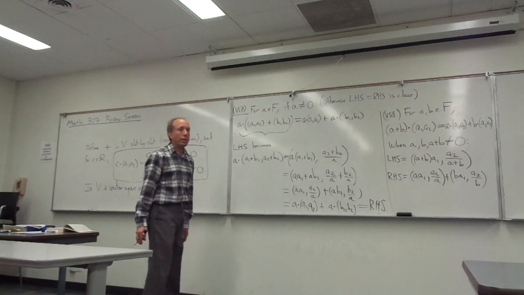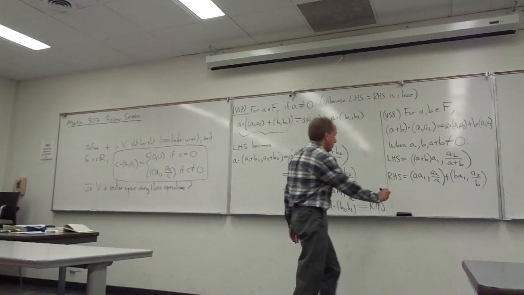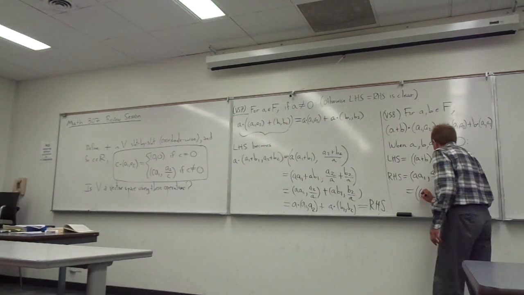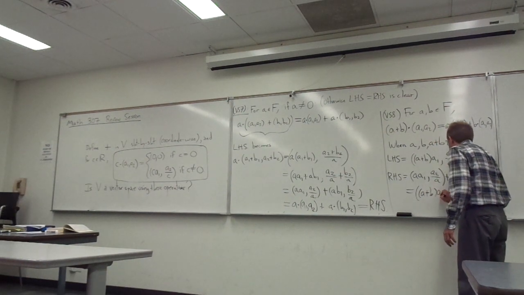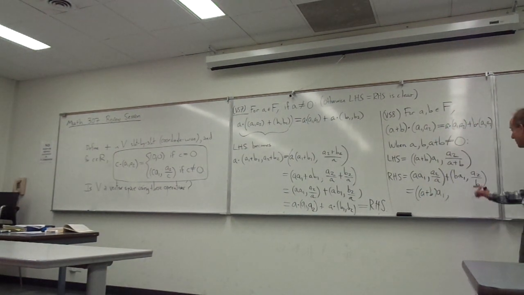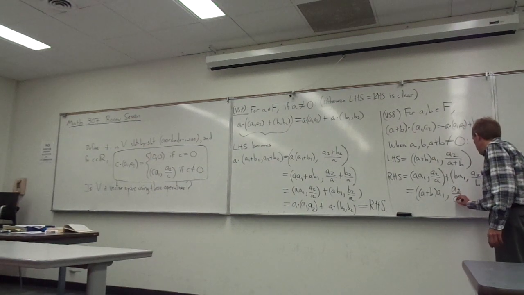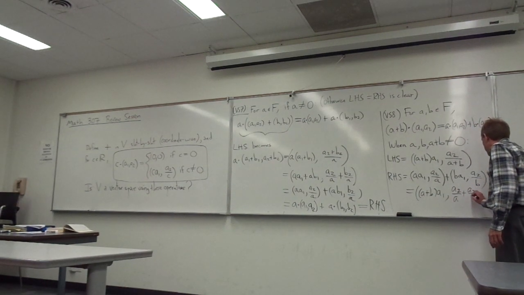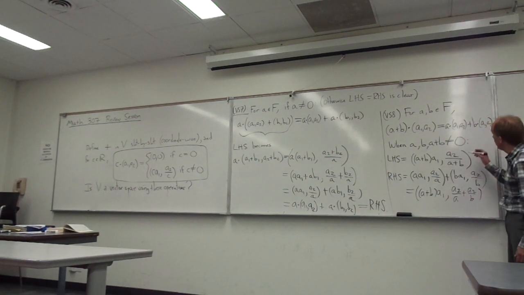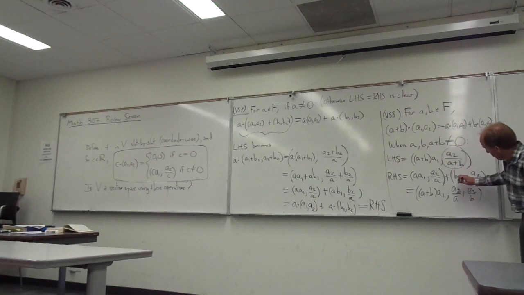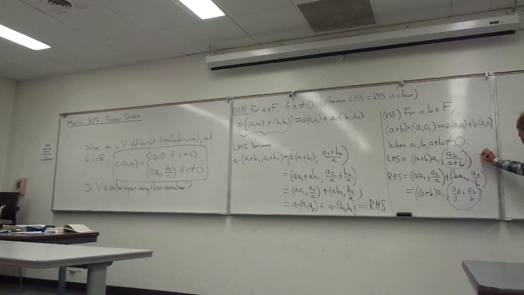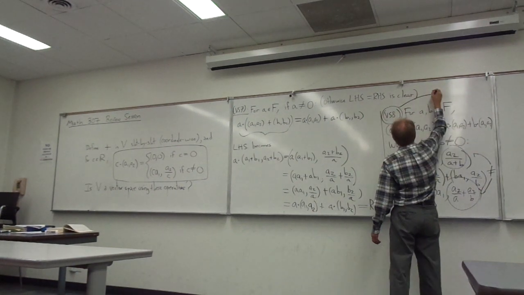Now, using the usual addition, the first slot is okay, (a + b) times a1, but the second slot, a2/a plus a2/b, does not equal a2/(a + b). These are not equal. So this axiom fails.